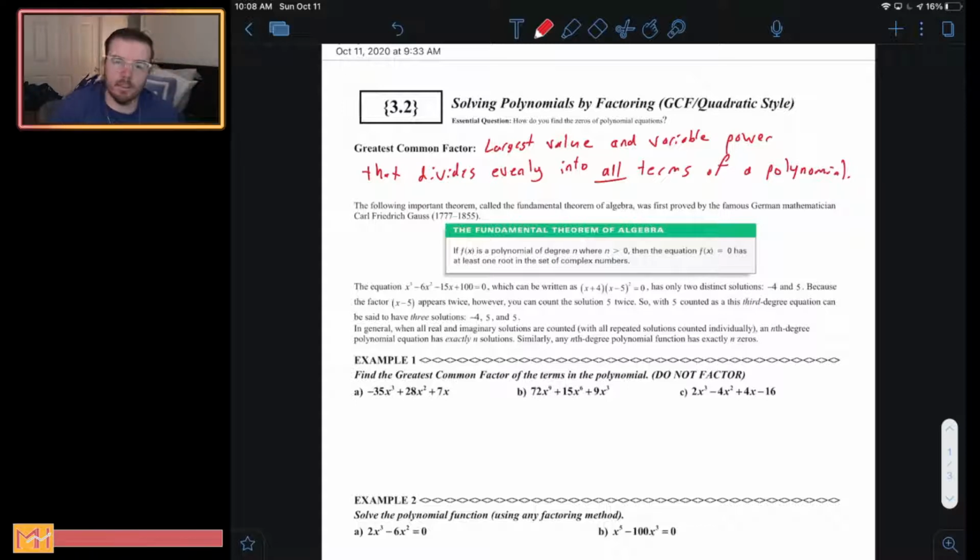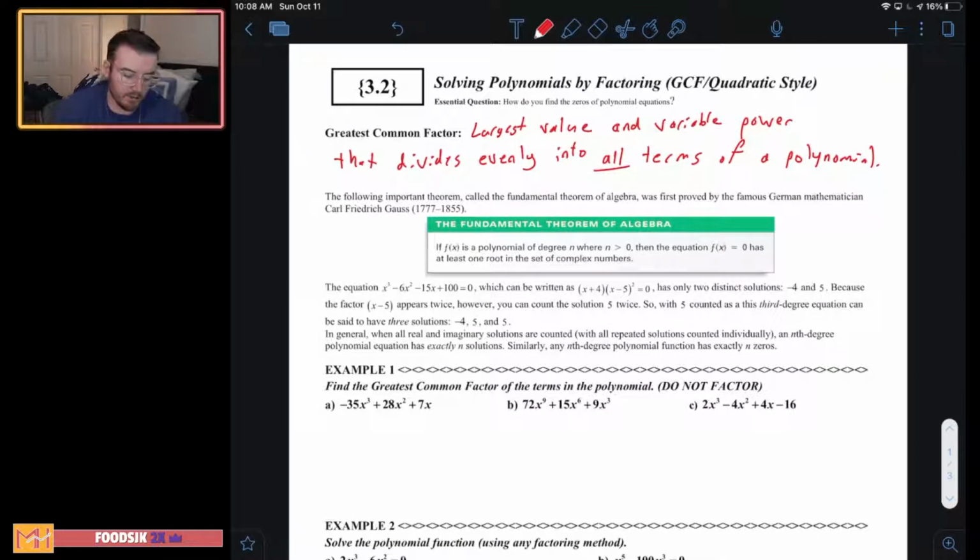It's the largest value and variable power that divides evenly into all terms of a polynomial.